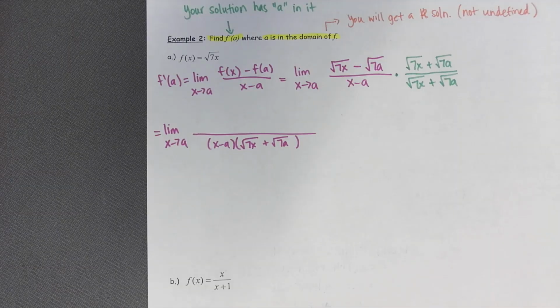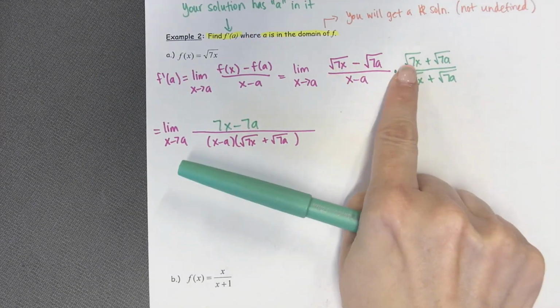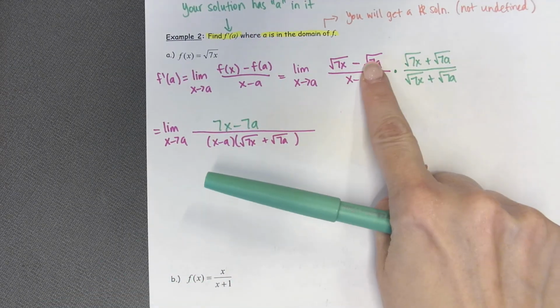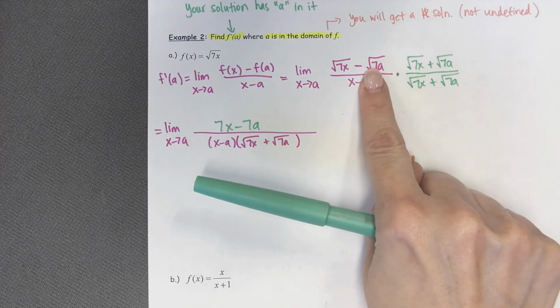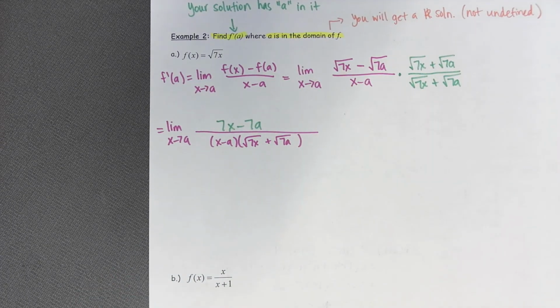All right, and then Kenley, let me know what you got for the numerator here. Great, 7x minus 7a. So root 7x times root 7x is 7x. Inside and outside are going to cancel. Root 7a and root 7a is 7a. Because they're opposites, you'll have that minus. All right, great.